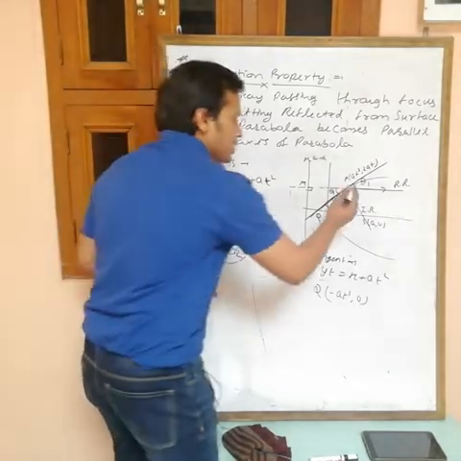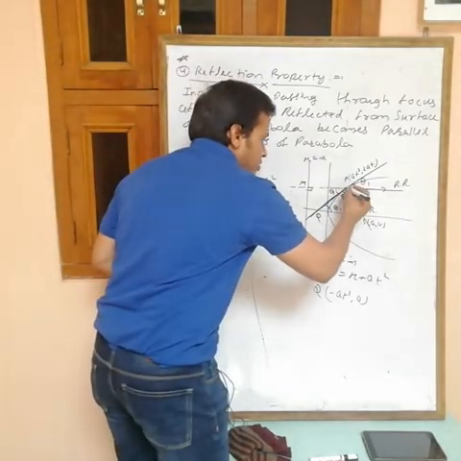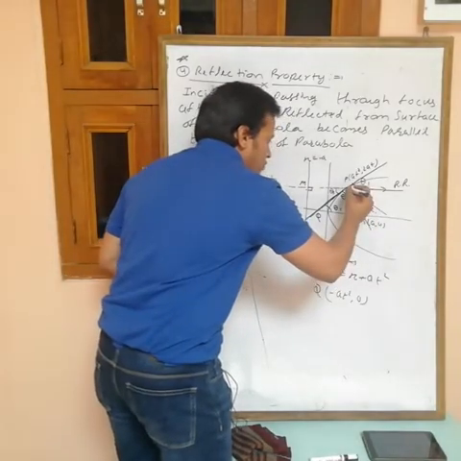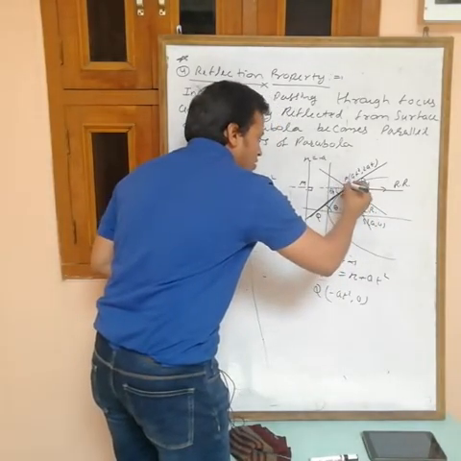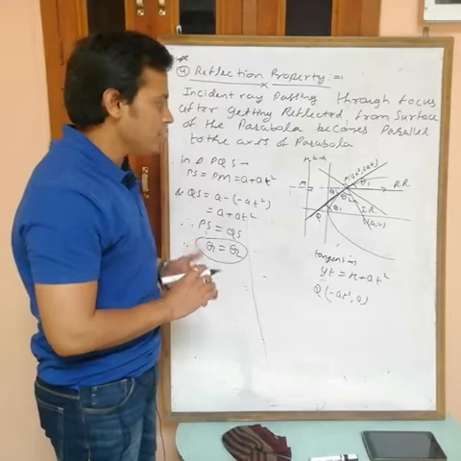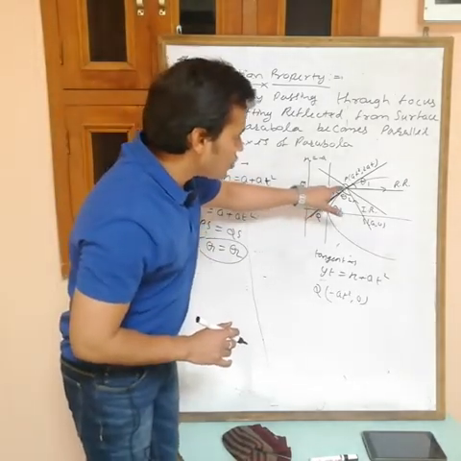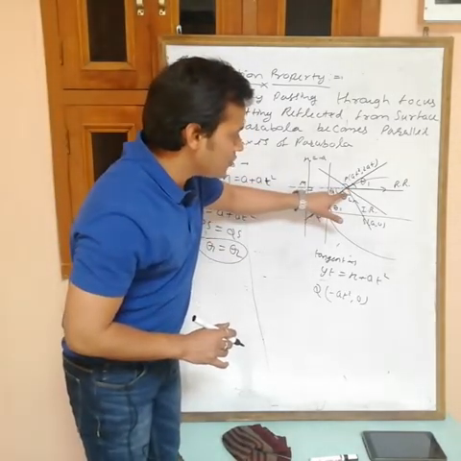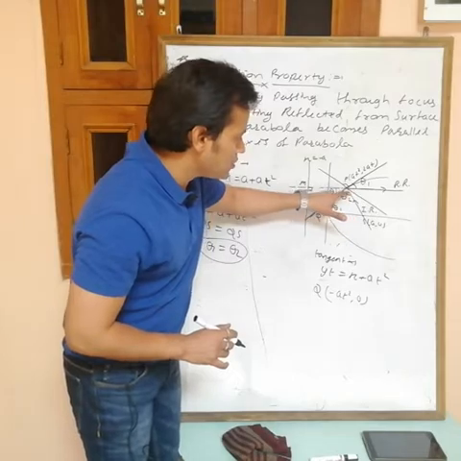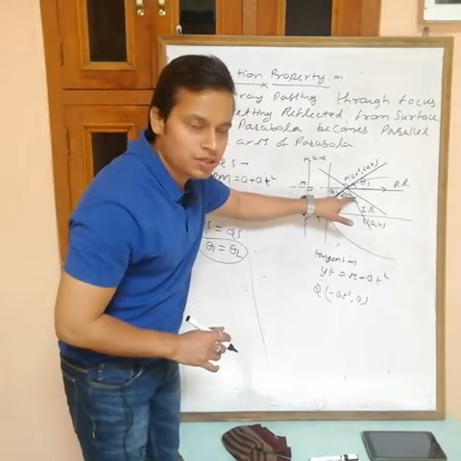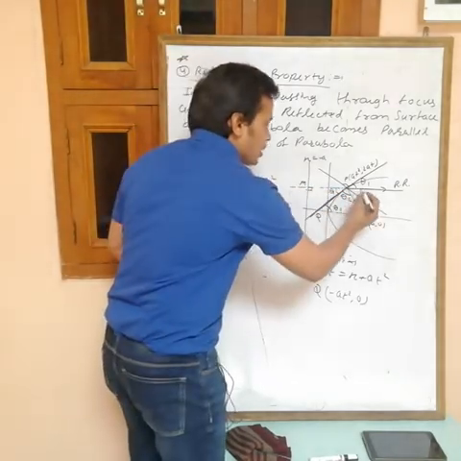If this is the tangent, then at this point a line perpendicular to the tangent is known as the normal. Now see, this total angle is 90, this angle is 90 and this one is also 90, so these two must be the same. So these two angles are also the same.